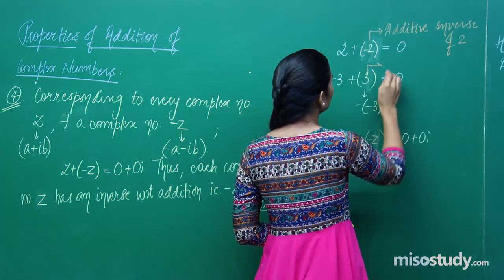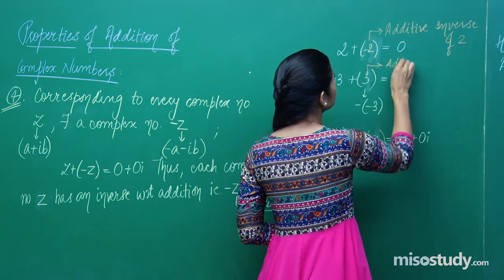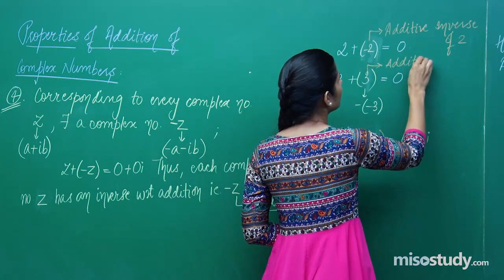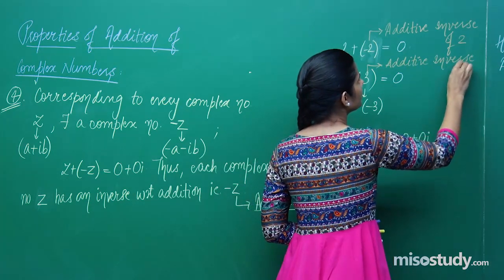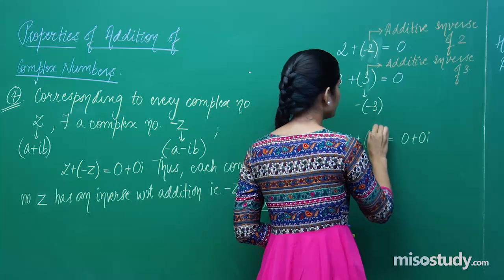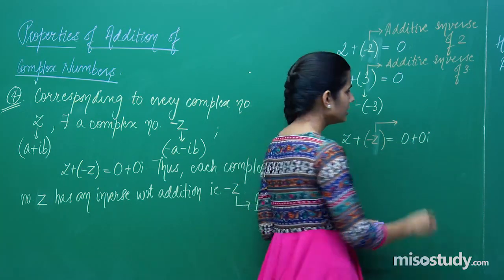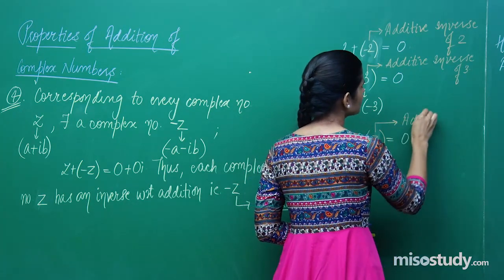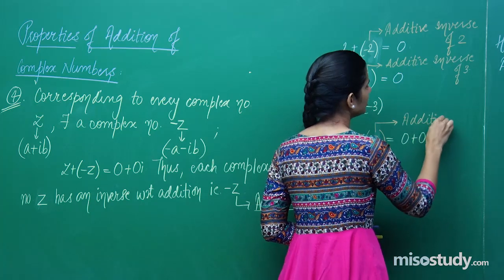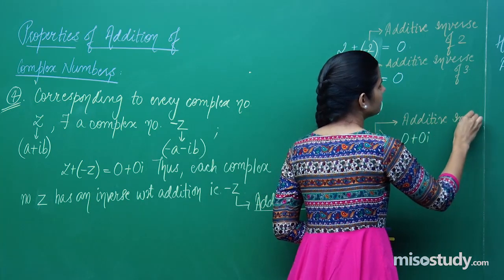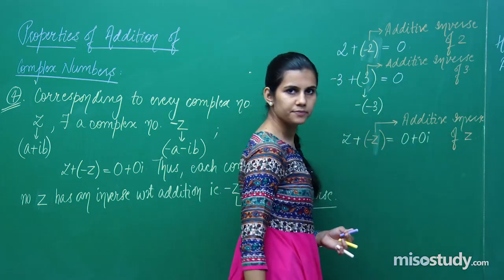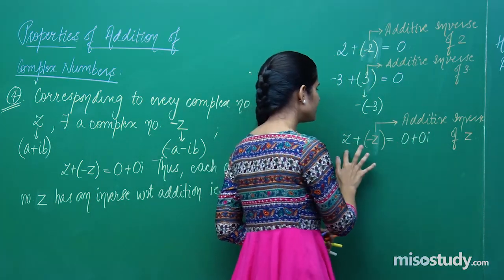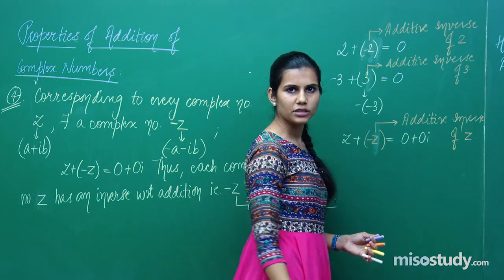Minus 3 over here is the additive inverse of 3. Similarly, minus z in the set of complex numbers is called the additive inverse of z, because when it is added with z, it gives you 0 plus 0 iota.